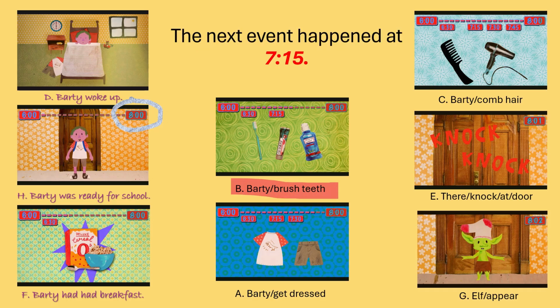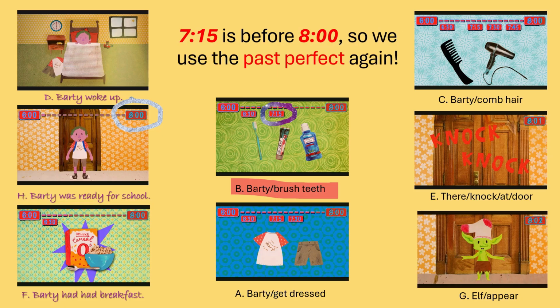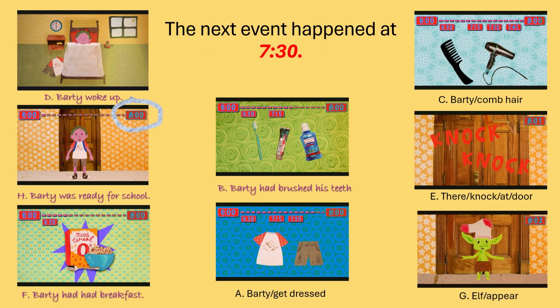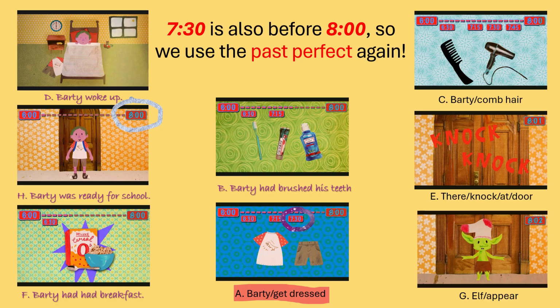The next event happened at 7:15. And 7:15 is before 8 a.m., so we use the past perfect again. Barty had brushed his teeth. And the next event happened at 7:30, and 7:30 is also before 8 a.m., so we use the past perfect again.